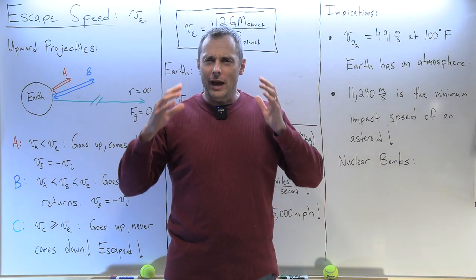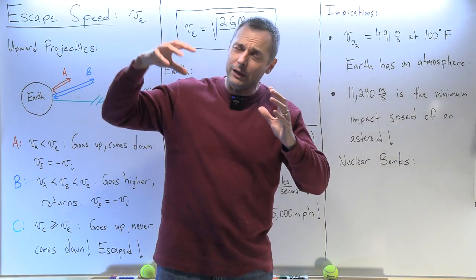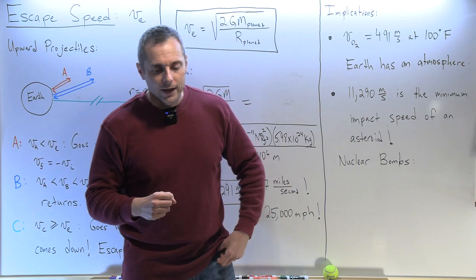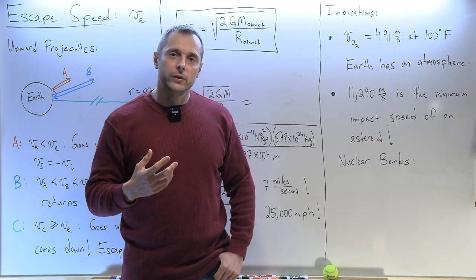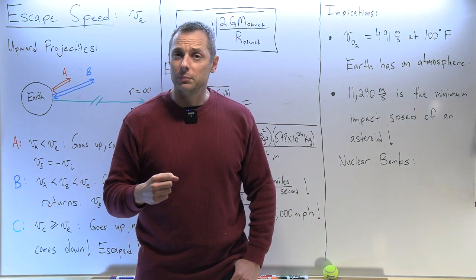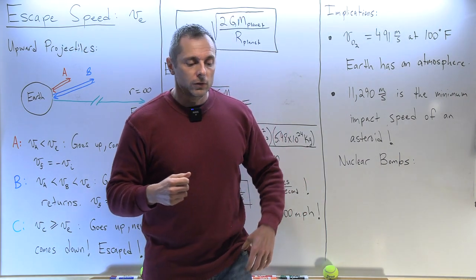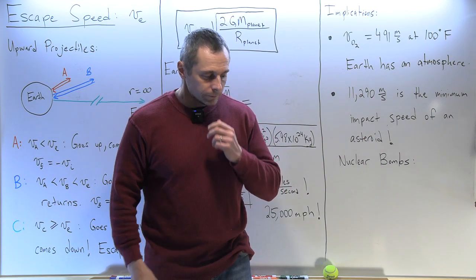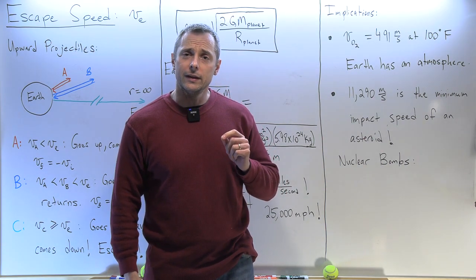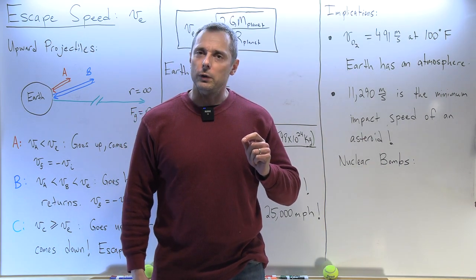And so it's kind of frightening to think of these things coming in that fast. You've heard of a meteorite that came and possibly destroyed the dinosaurs, made them extinct. So you know that this is possible. But it's an interesting idea to think, well, how big of an asteroid would it take?